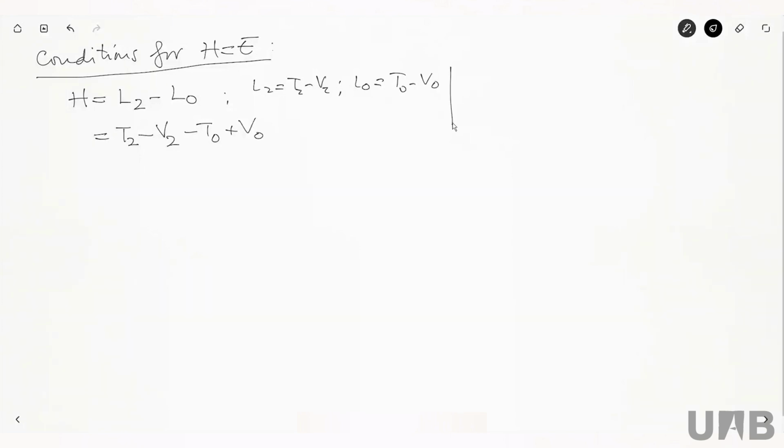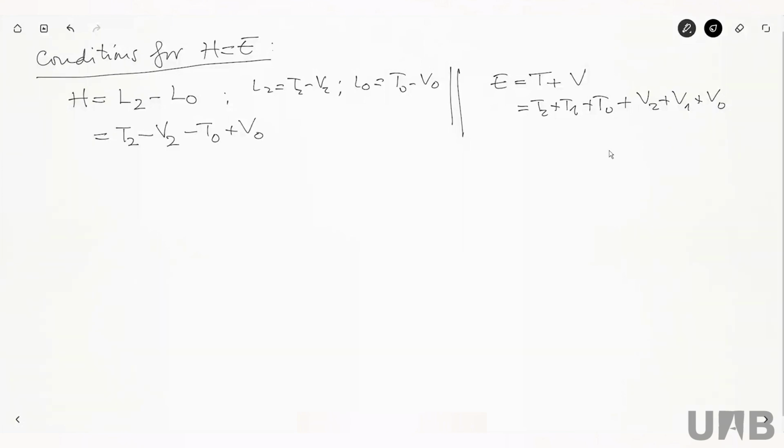Good. So that's what we have on one side. On the other side, what we have is the energy. But the energy is the total kinetic energy plus the total potential. So that is T2 plus T1 plus T0, if there is a T1, is the total kinetic energy. So therefore everything, the three terms. Plus, same thing for the potential. And now the question is, when is the Hamiltonian the same as the energy?